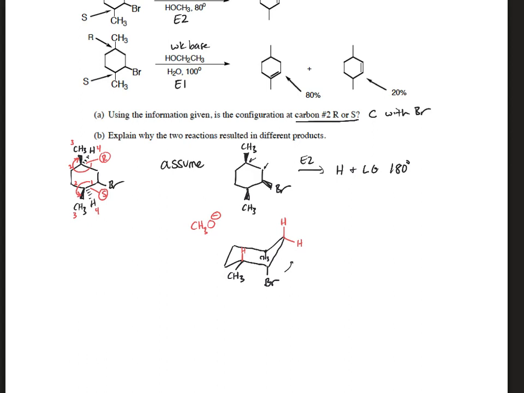Since it's small, I'm going to try for Zaitsev. I would prefer to have a Zaitsev product. So I prefer the most substituted alkene if I can get it, right? I don't know that I can. That's just if possible. Now, when we say if possible, what we need is an H that is 180 degrees to that bromine.